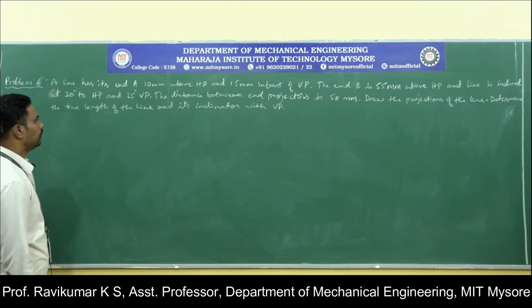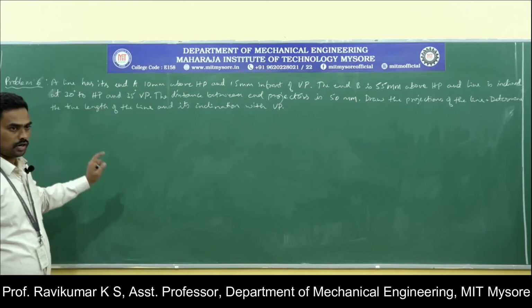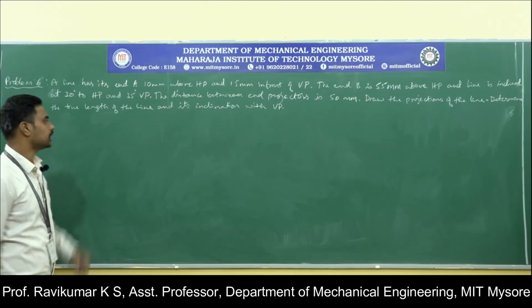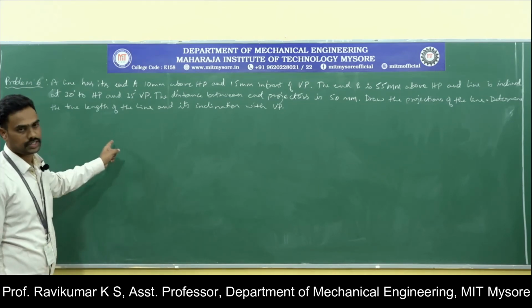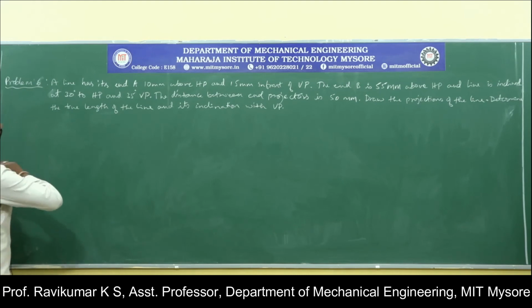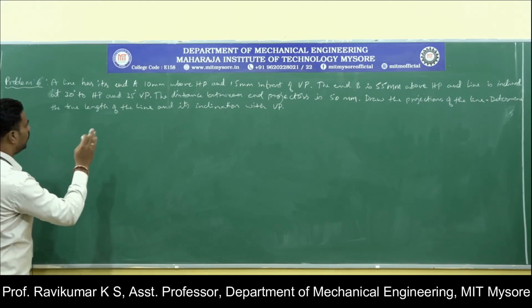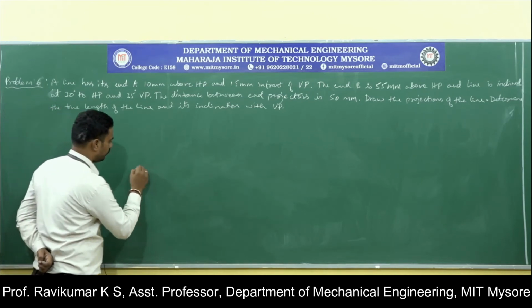That is the distance between end projectors. So we'll start with the data. So 6 datas are there. We need minimum 5 data. Here 6 datas are given, so we can solve this problem easily. Starting with the datas, a line has its end A 10 mm above HP and 15 mm in front of VP. So I will start with XY line.